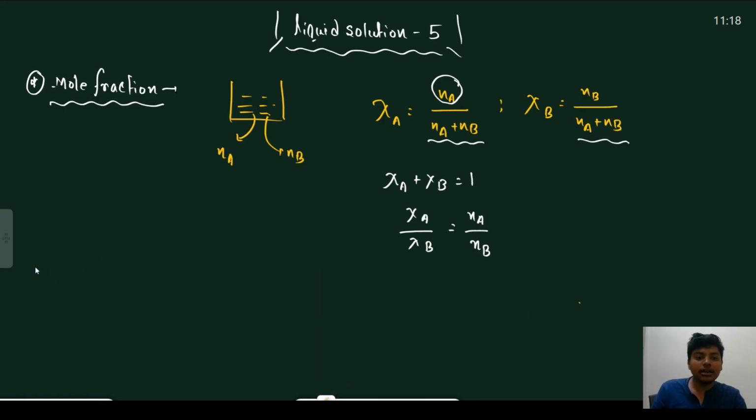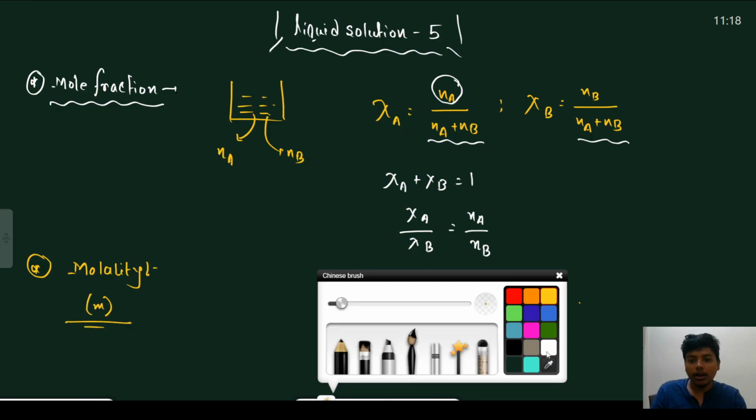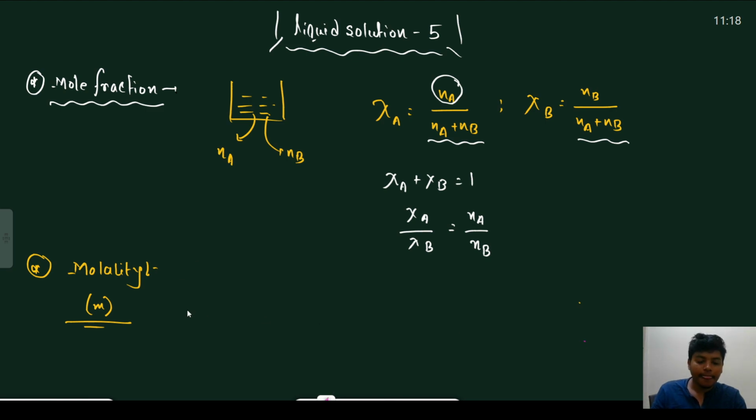Now, another point I told, that is molality. Molality. What is molality? We denote it with a small m. Tell, Aditya, tell. What is molality? Number of moles divided by kg.